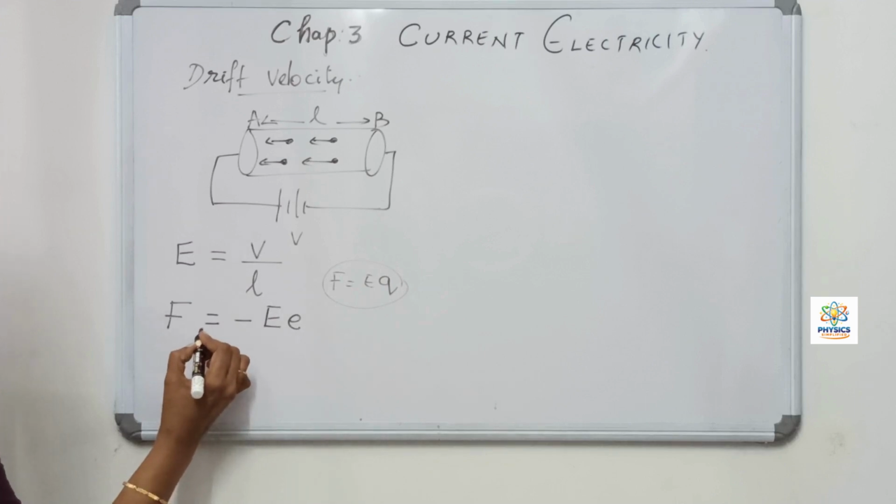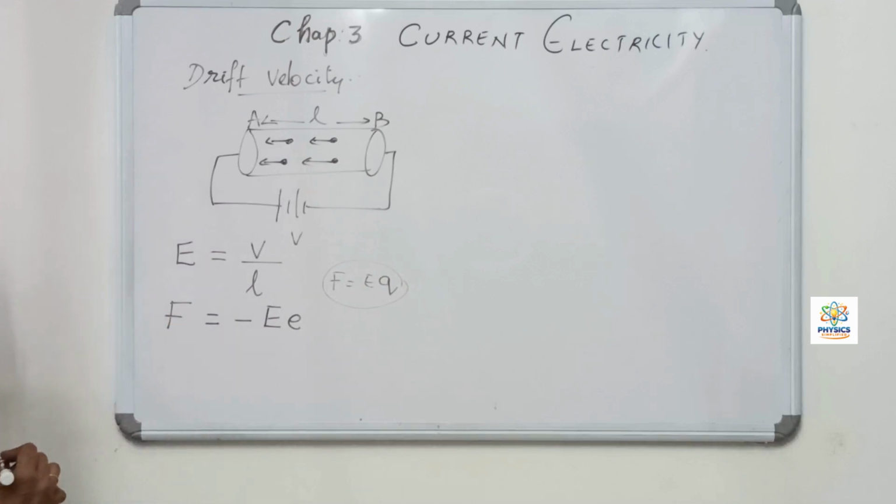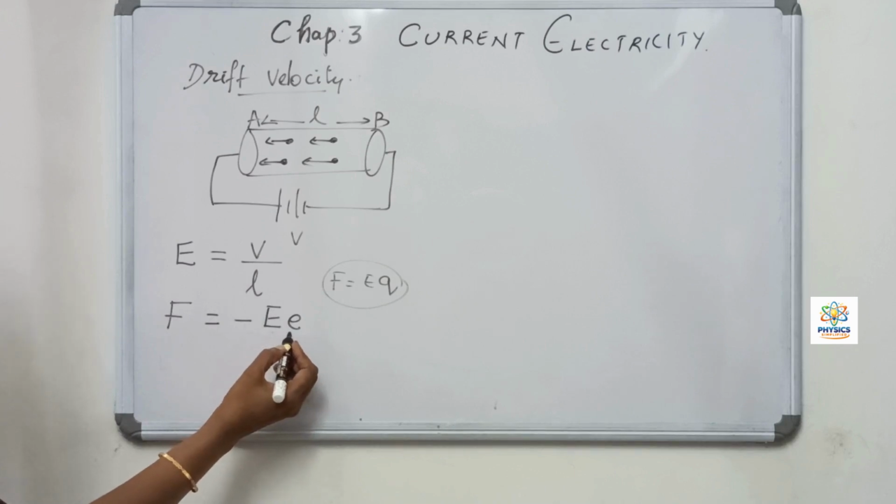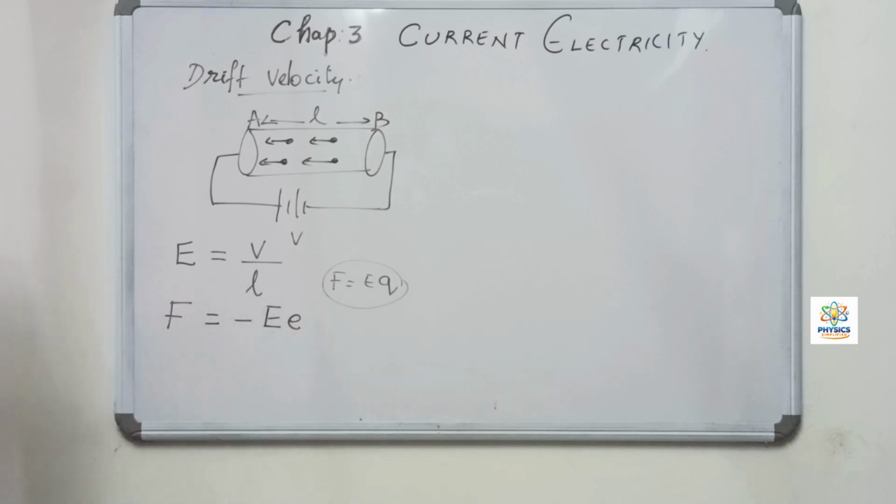This E represents electric field and small e represents the charge of an electron.